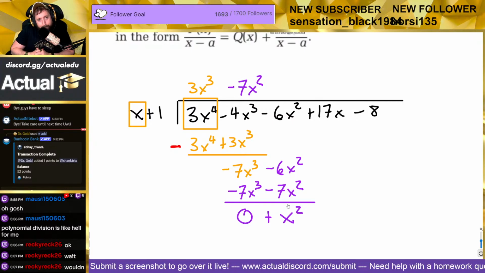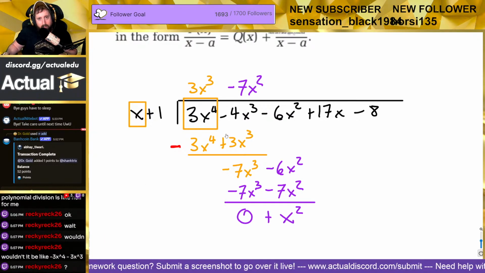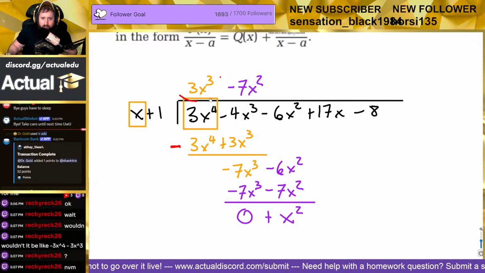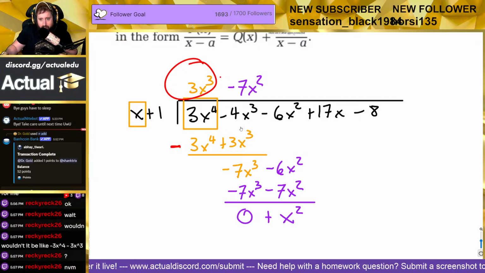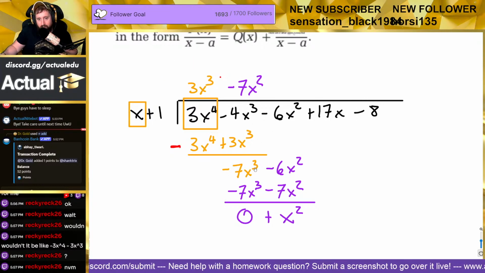What's up, Reki? Wouldn't it be like minus 3x to the fourth? Yes, it is. This was 3x to the third, so that became positive, but then you subtract the whole thing.